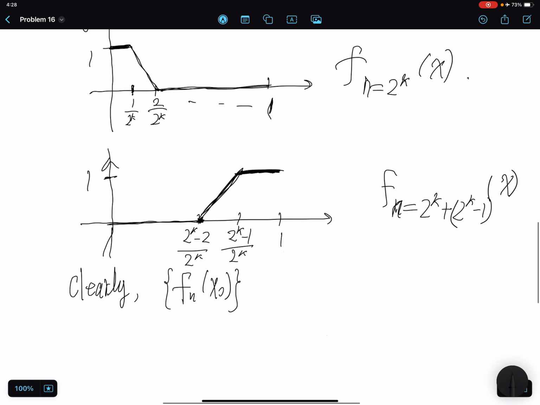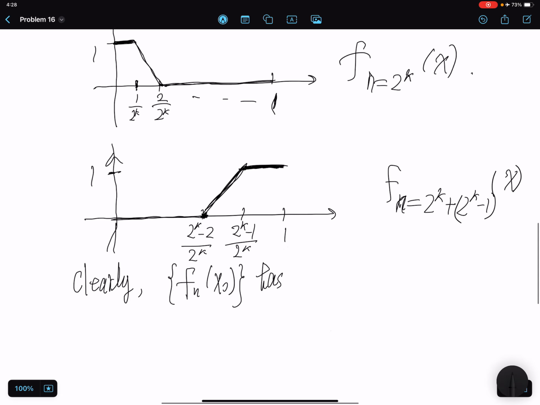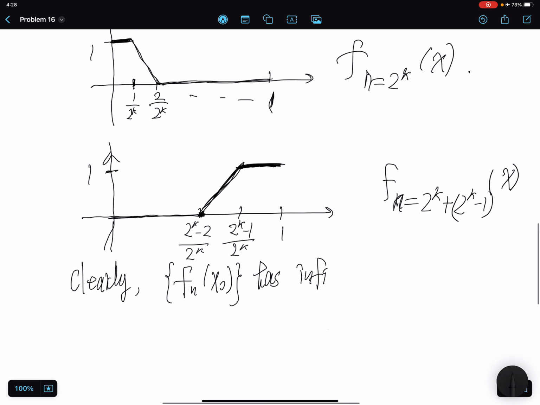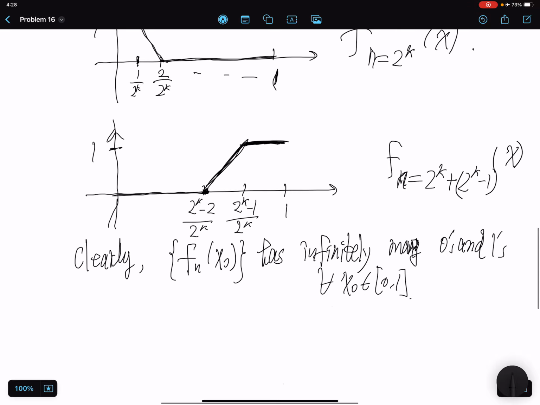So you can see this sequence has infinitely many 0s and 1s. So for any x in [0, 1], f sub n of x diverges, since you have infinitely many 0s and 1s along the way as n goes to infinity.